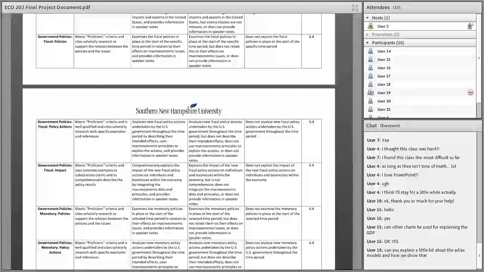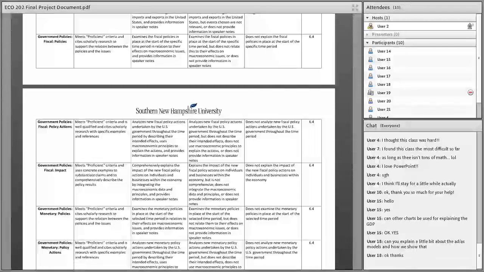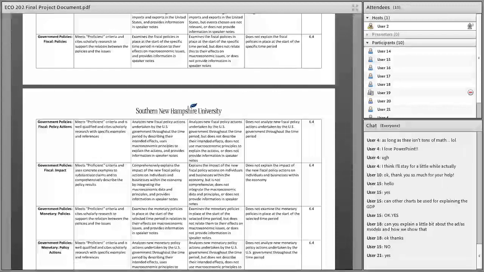Now, if it's a policy that is aimed at impacting supply, aggregate supply, then you would shift aggregate supply and show how the shift can cause an increase or a decrease in the GDP and a change in the price levels. Has anybody ever looked at the PowerPoints that are available through my Econ Lab?